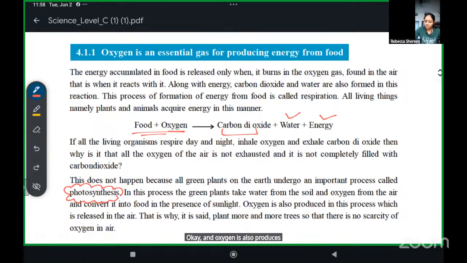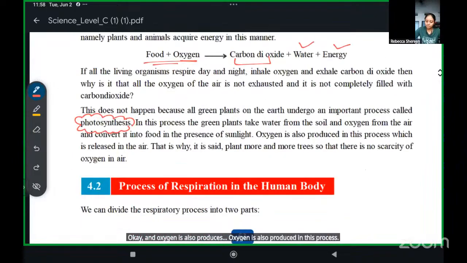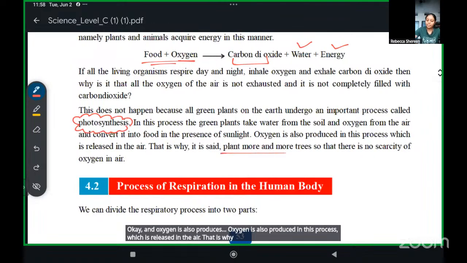Oxygen is also produced in this process, which is released in the air. That is why we say plant more and more trees, so that there can be more oxygen in the air and the air can become more fresh.